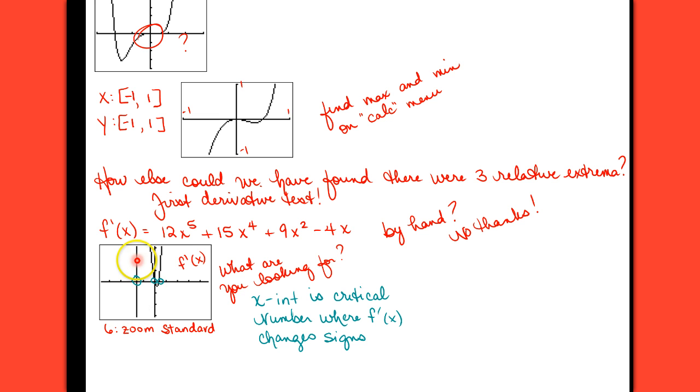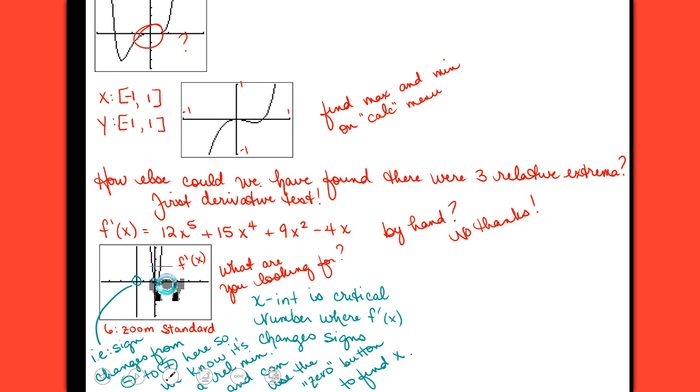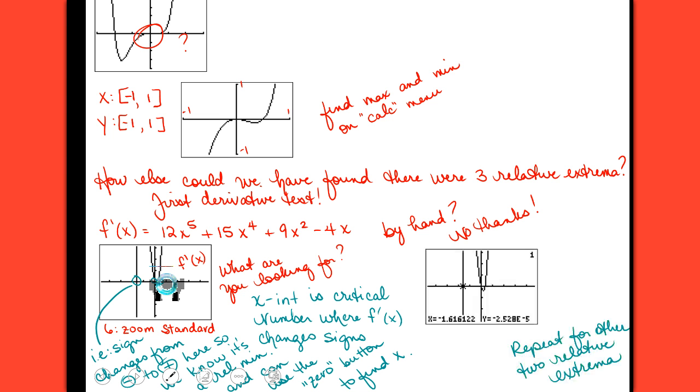It changed from negative to positive, so that's going to be a minimum. It changed from positive to negative, that's going to be a maximum. It changed from negative to positive, that's going to be a minimum. And then I could just repeat that process with my 0 button to find the other two the exact same way that we had found that first one. And then I can plug back into my original equation to find the y value that goes along with it.